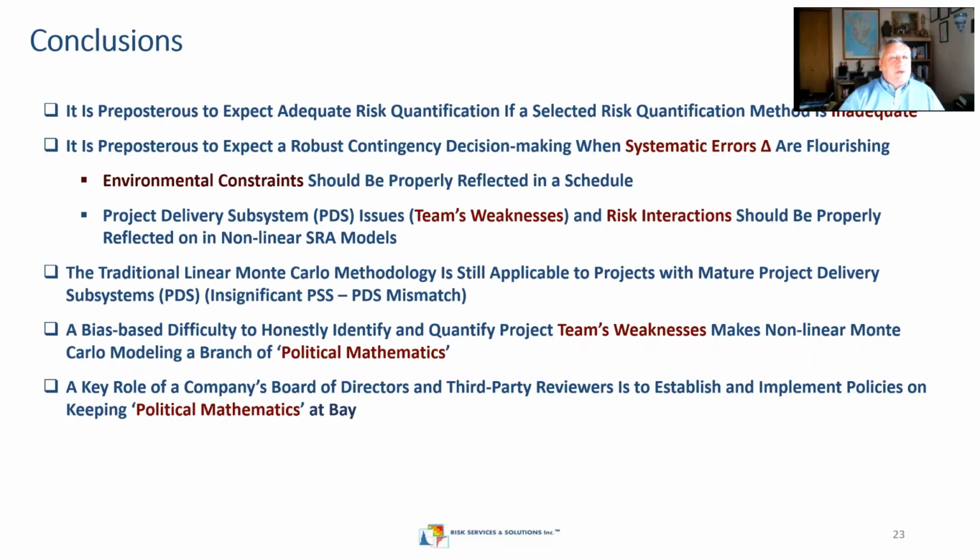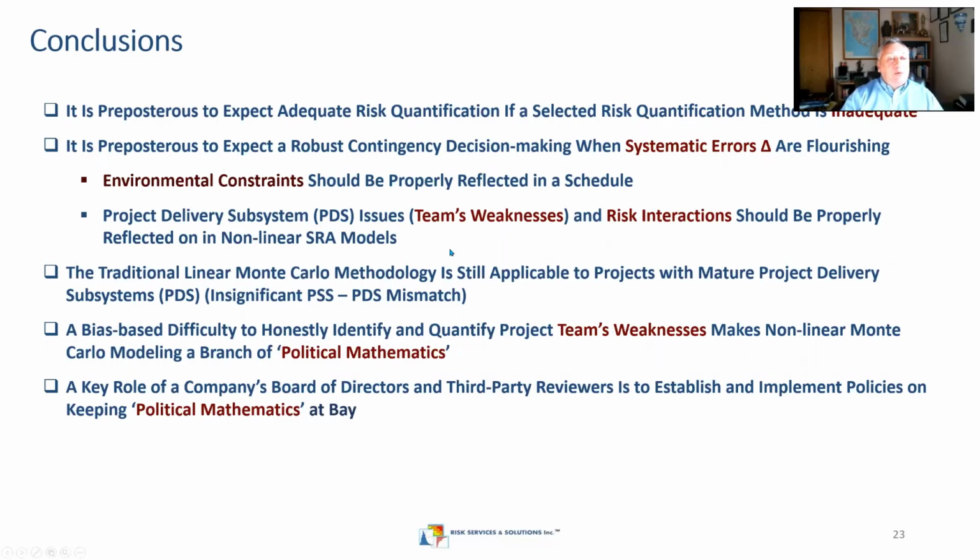Some conclusions. Actually, it's preposterous to expect adequate risk quantification if the selected risk quantification method is inadequate. It means systematic errors are flourishing. So it might be quite misleading if you have those 13 or even 22% contingency when you don't consider nonlinear effects of risk interactions, including environmental interactions.